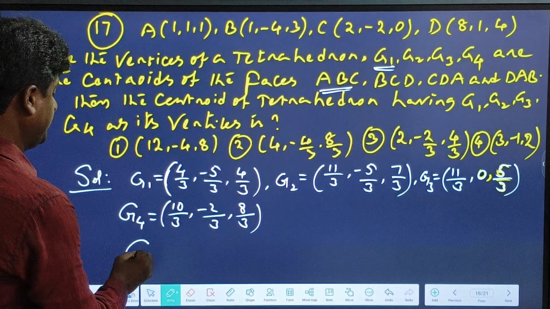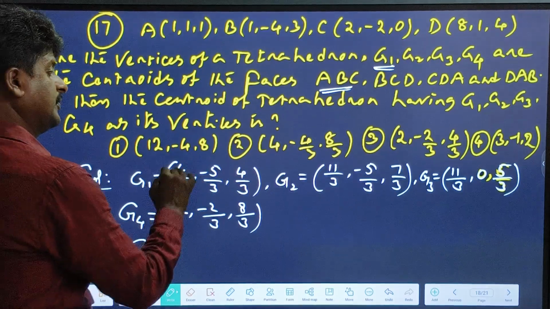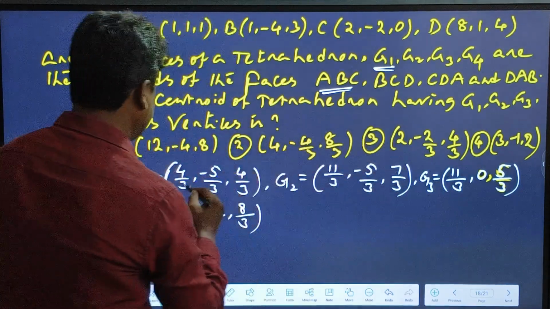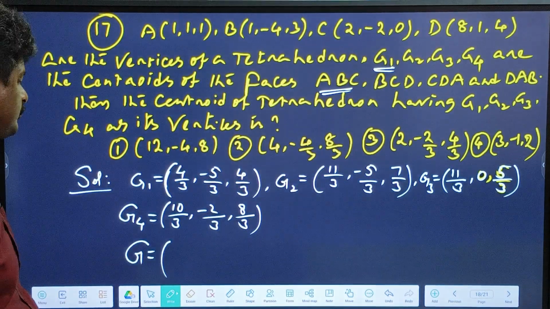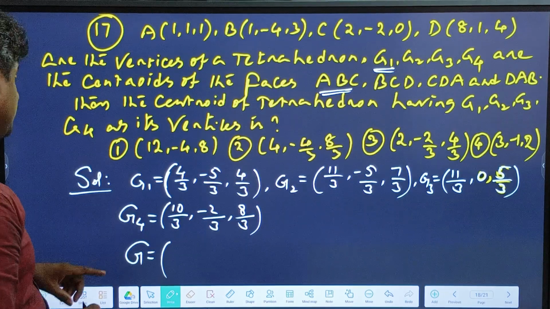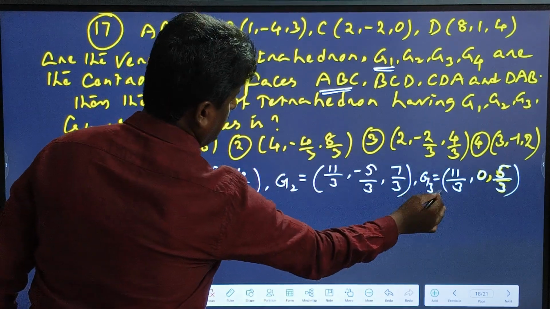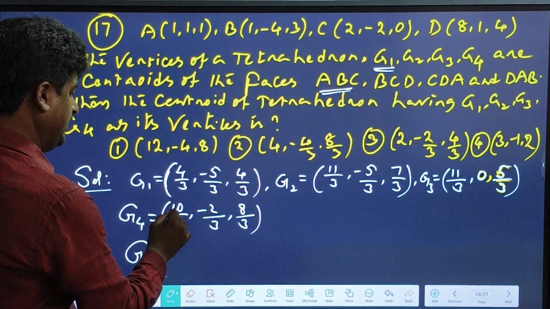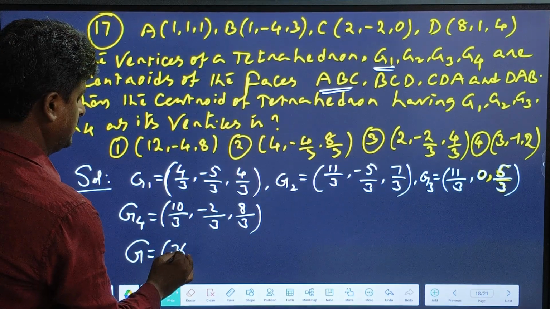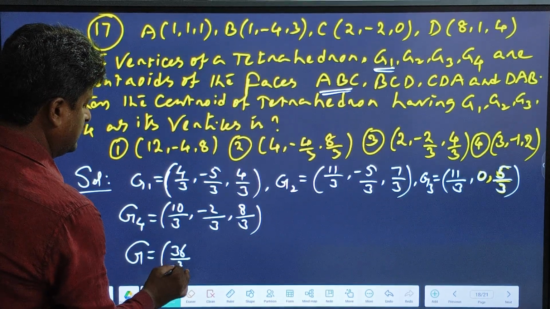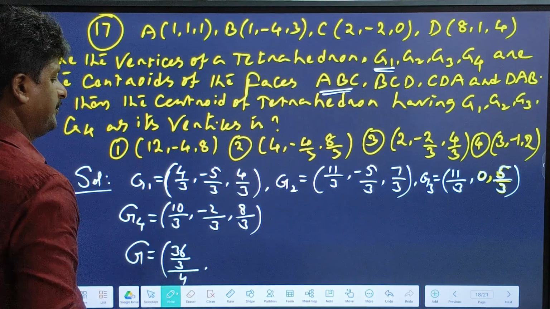Now centroid of tetrahedron is x1 plus x2 plus x3 plus x4 by 4. Okay, 4 by 3 plus 11 by 3, 15 by 3, plus 11 by 3, 26 by 3, plus 10 by 3, 36 by 3, by 4.